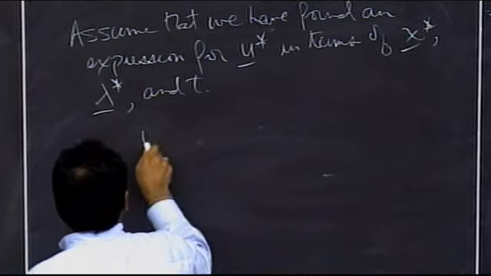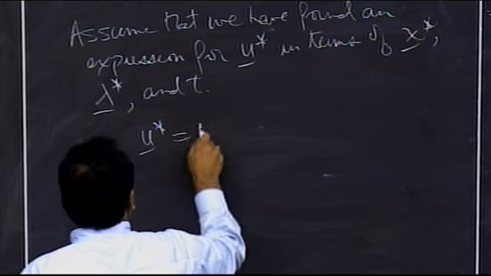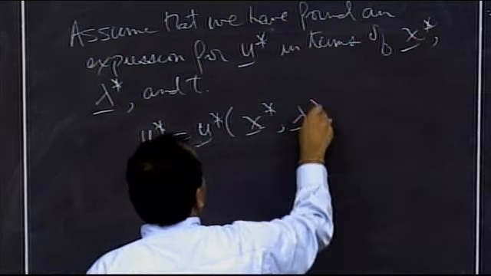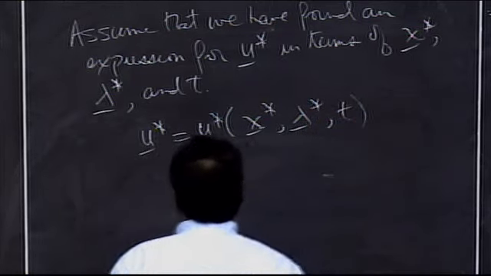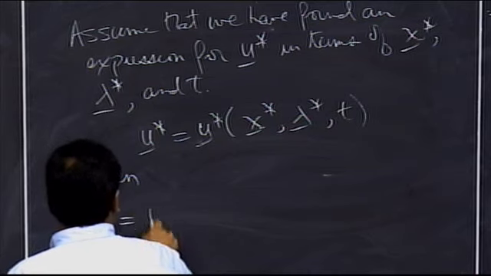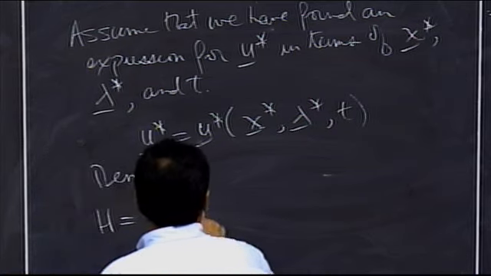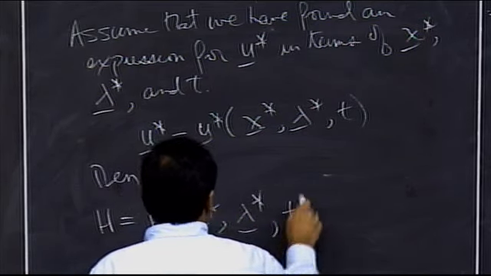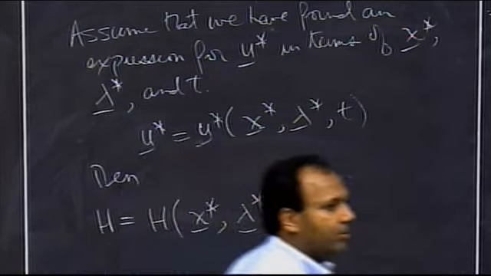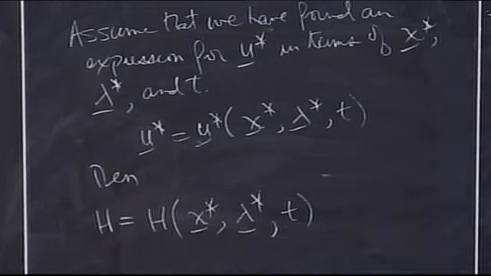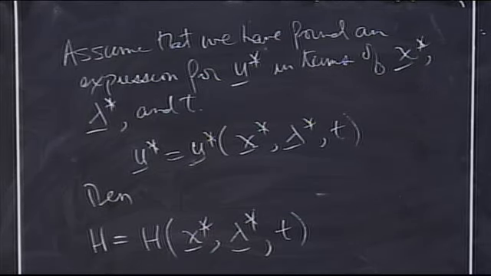So that would say u star is equal to u star of x star, lambda star, and t. Then the Hamiltonian is going to be a function of the optimal state, the optimal costate, and time, because I've taken the control out. It would also be a function of the control, but it's been explicitly solved for in terms of the others.